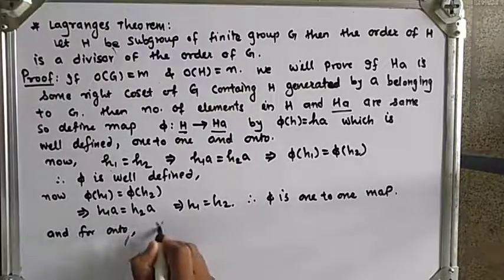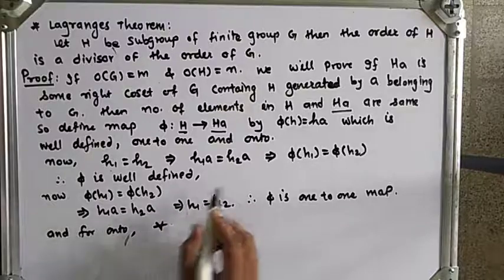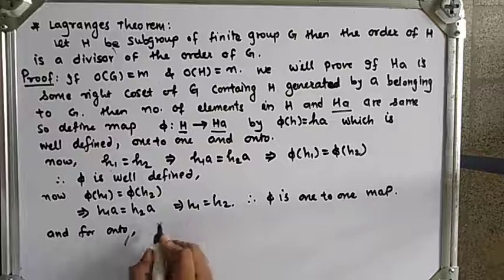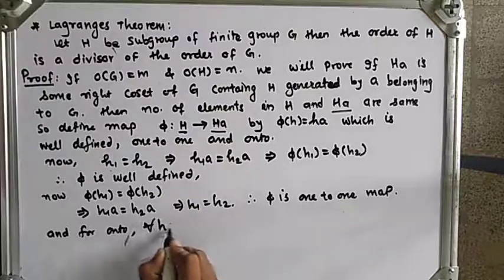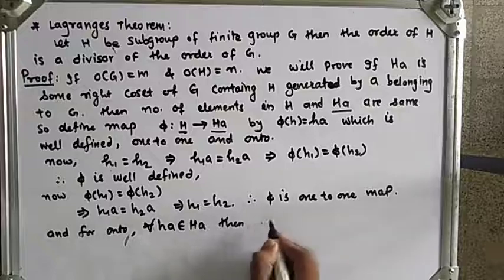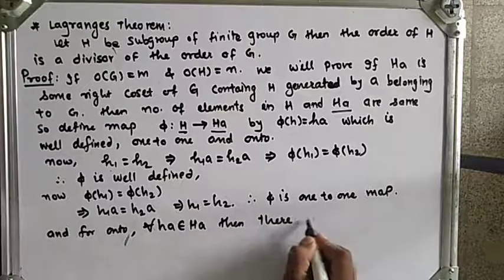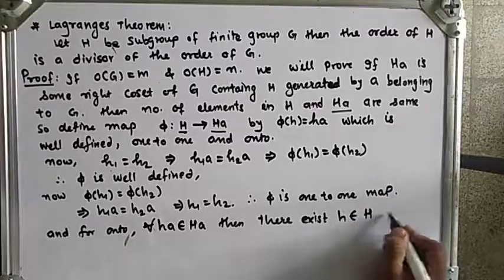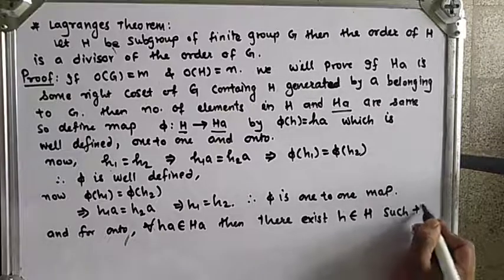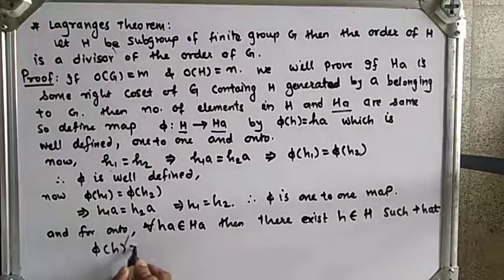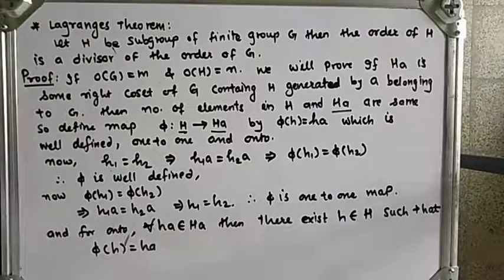For all elements HA of the codomain HA, there exists H belonging to H such that phi of H is equal to HA.